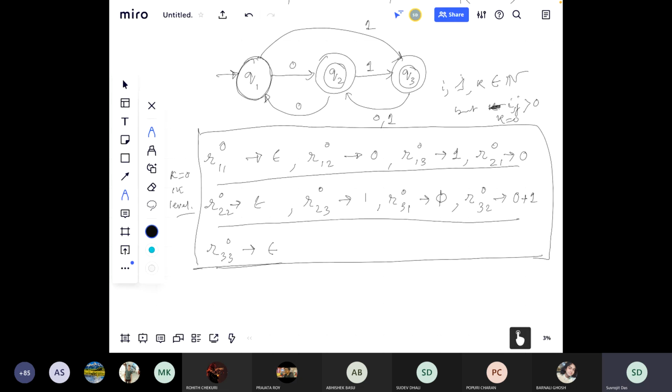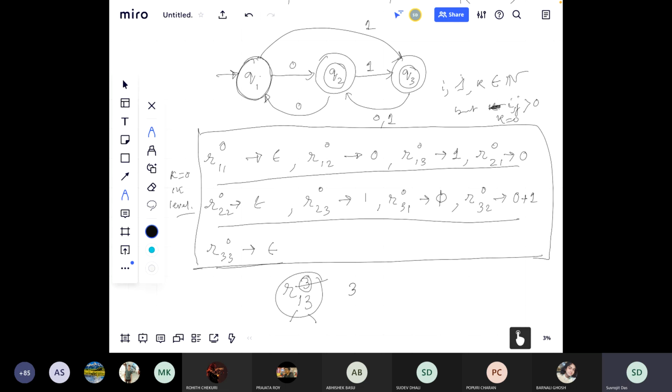But remember that at the end of the day, say 3 is a final state. So one part of your language is R133, right? You start at 1, you end at 3 and accept strings, going through all possible states. The number of states is 1, 2, 3, so I have 3 options here, and one extra option, which is not going through any state.